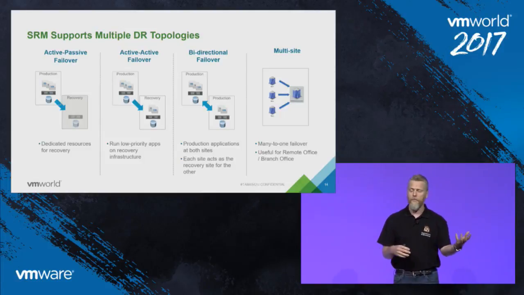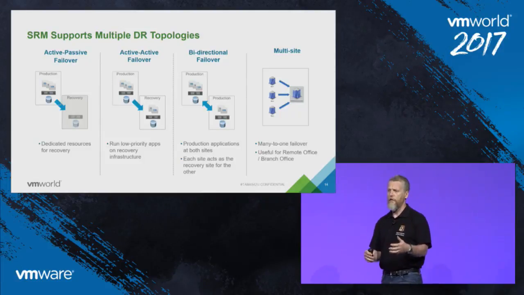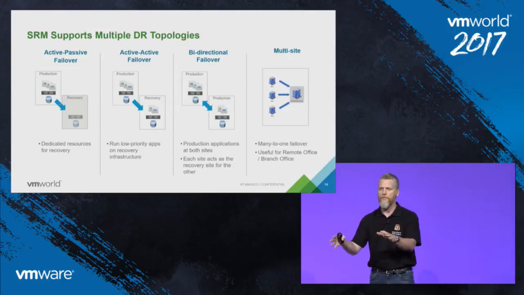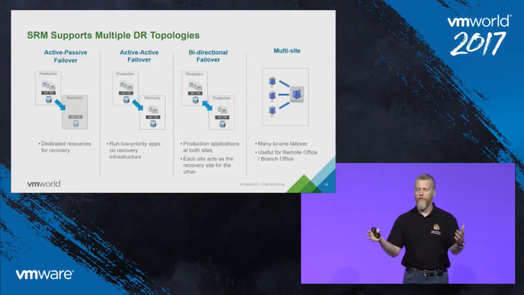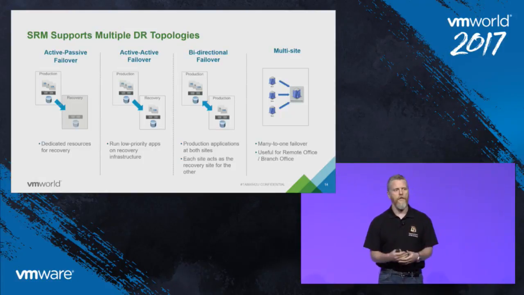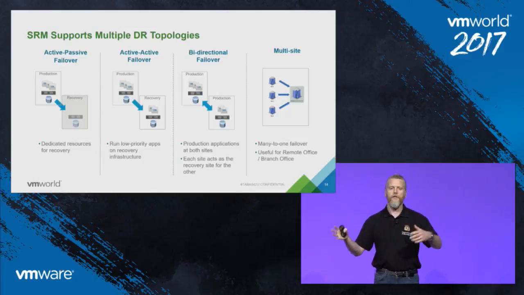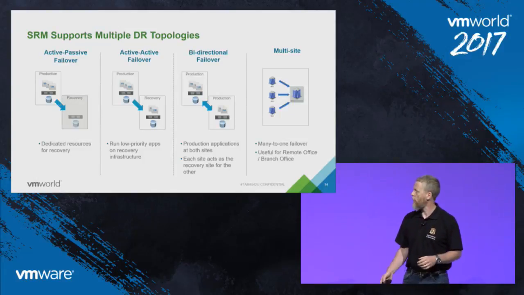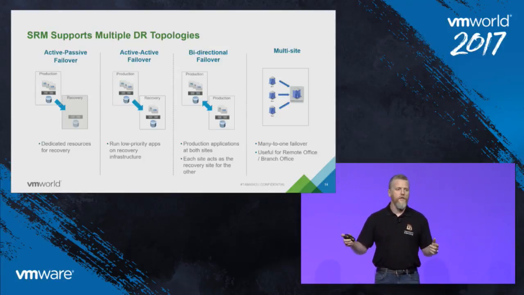Short term, usually the business is okay with it: yeah, we're glad you got our tier 1 and tier 2 applications running. But a week later, people are going to start going, okay, well, what about our tier 3 and tier 4 stuff? When are you going to have that back up? And if you don't have the resources there to run those things, then that could be a problem. Now, not to say that you couldn't add more resources, but just, again, something to think about.